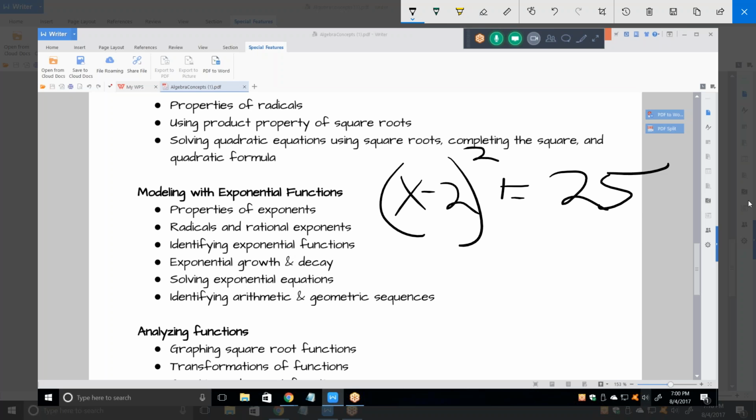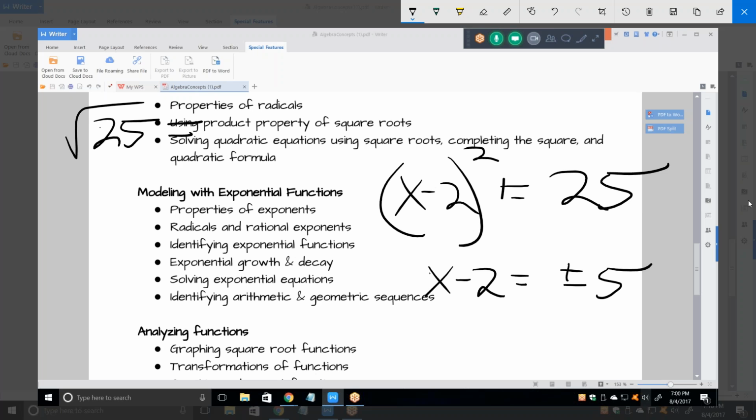So what's the next line? It would be x minus 2 equals plus or minus 5. Always. Like I said, the rule is if you're solving an equation, and this is a little bit of a tough distinction, if I say the square root of 25, that's actually only 5.